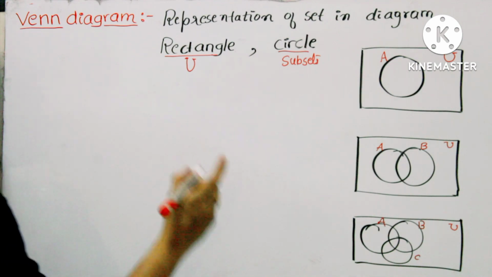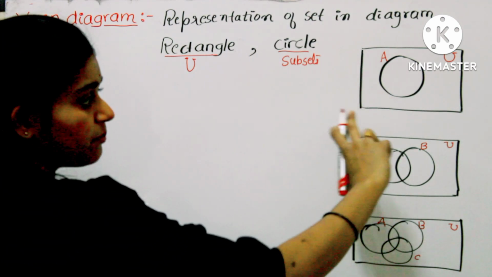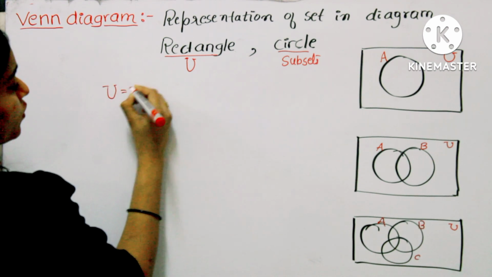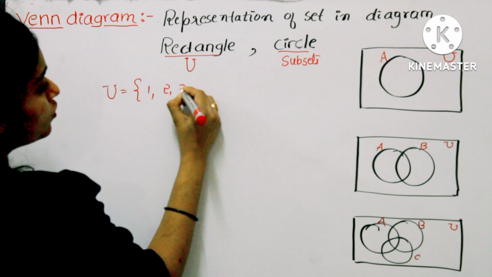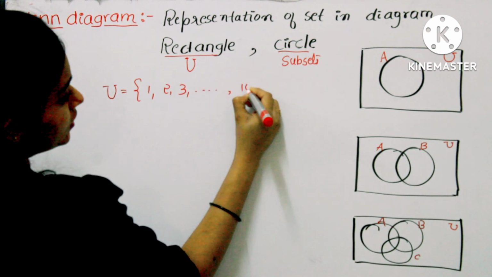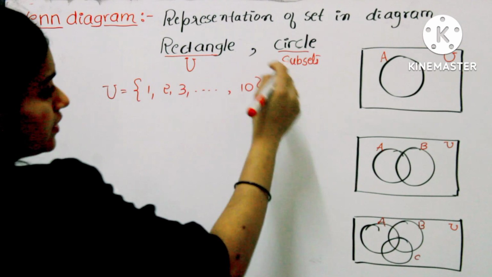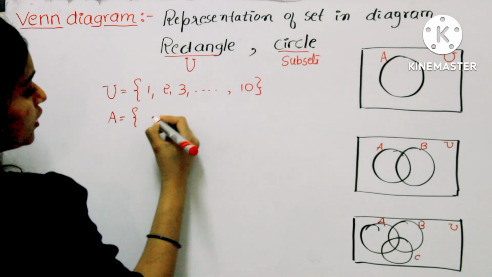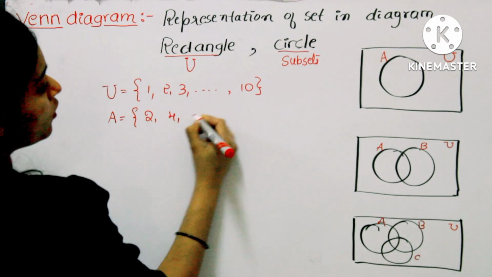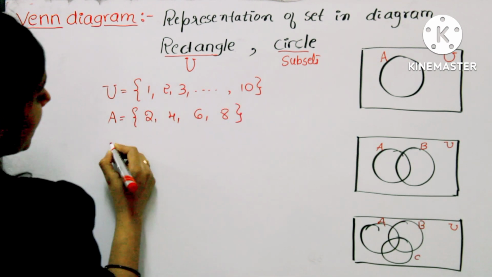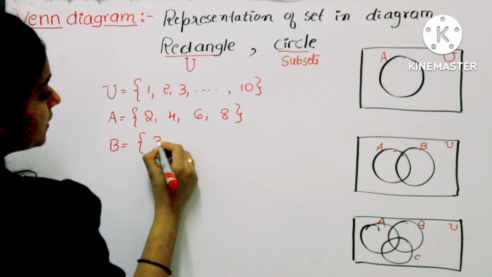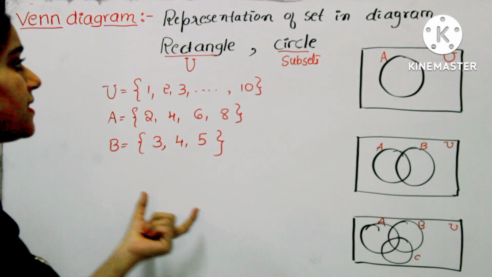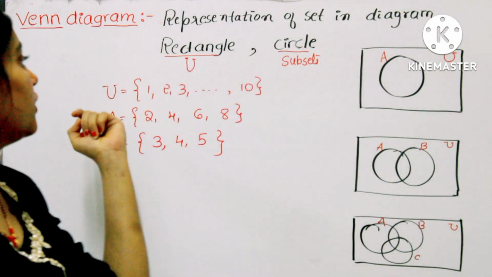Okay, let's take one example and represent it in a Venn diagram. So if the universal set U is equal to 1 to 10, 1 to 10 means 1, 2, 3, 4, 5, 6, 7, 8, 9, 10, all these numbers, and A is equal to 2, 4, 6, 8 and B is equal to 3, 4, 5, then how do we represent it?